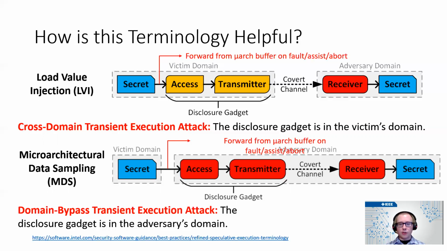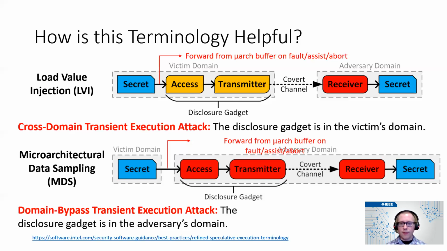However, the underlying transient execution primitive is identical, namely forwarding stale data from a microarchitectural buffer on a fault. The only difference between the two transient execution attacks is the location of the disclosure gadget.